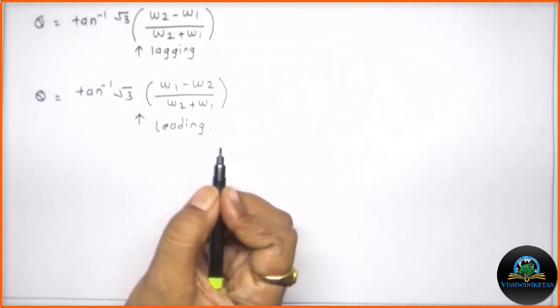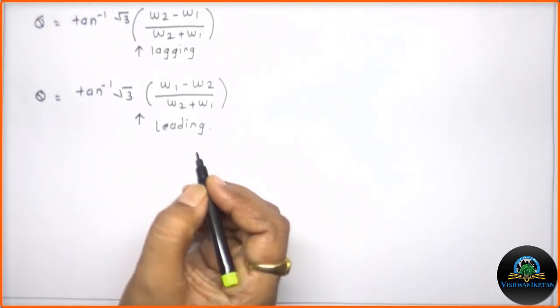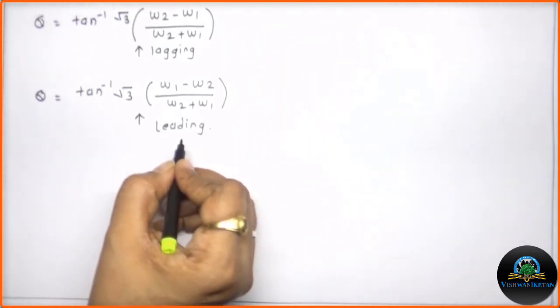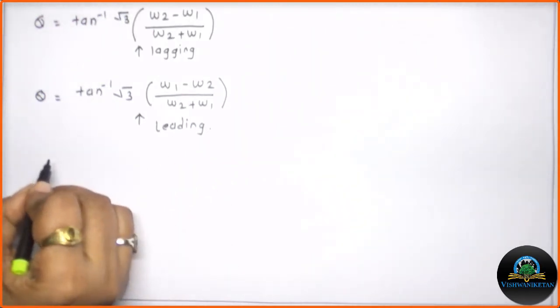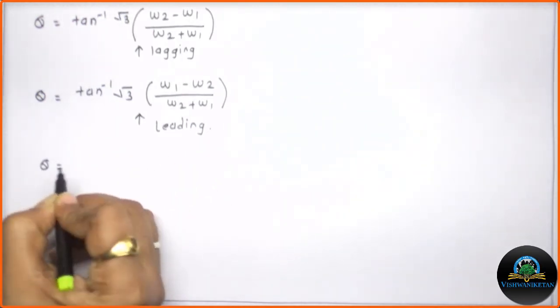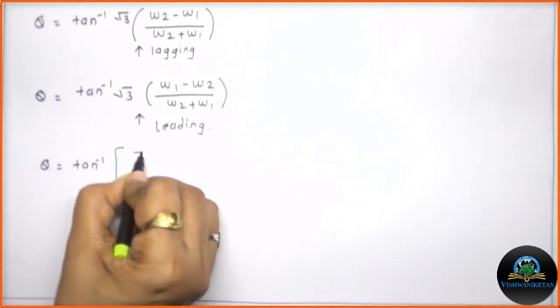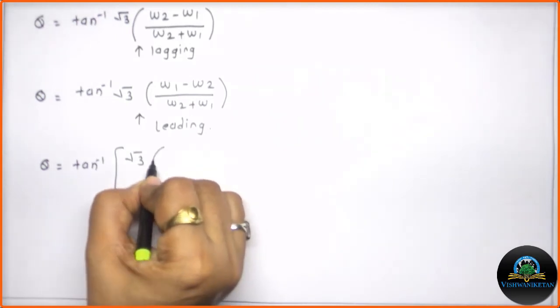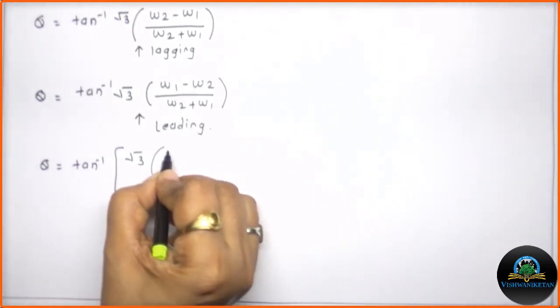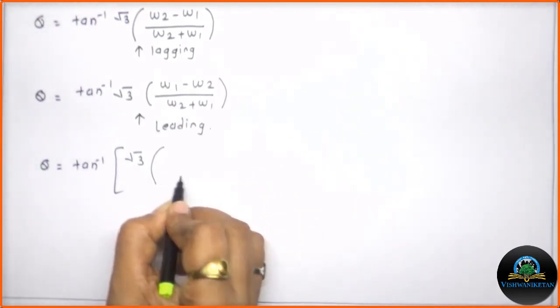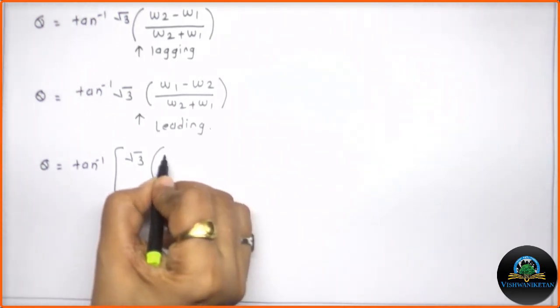At the end, if the readings of the two wattmeters are given to us, we can calculate theta, which is nothing but the power factor angle. So theta is equal to tan inverse in the bracket root 3, and always remember that it should be the high value minus low value upon high value plus low value. That's all.